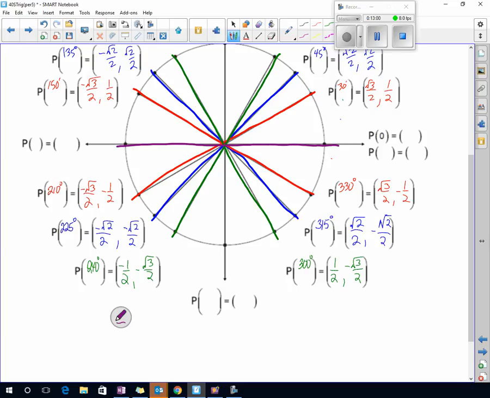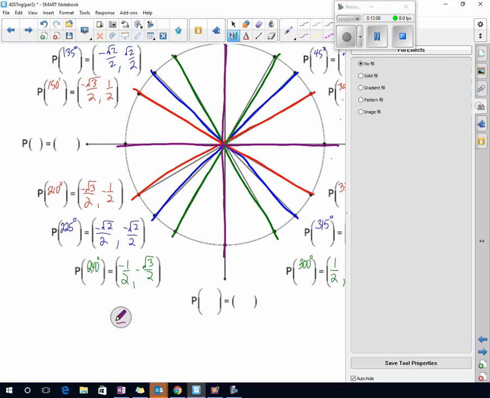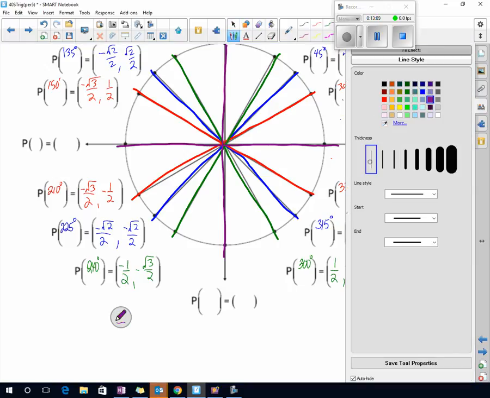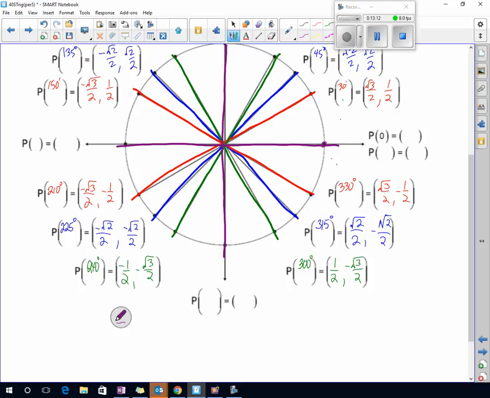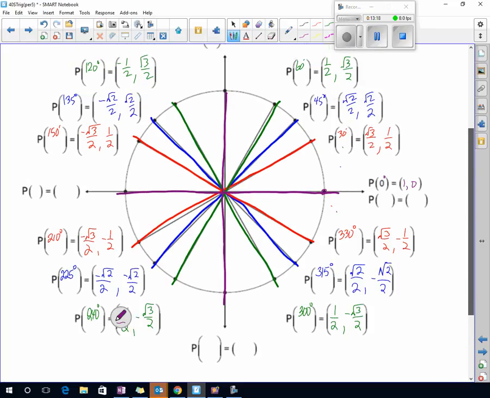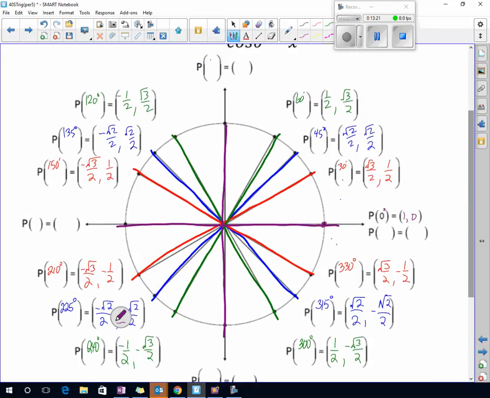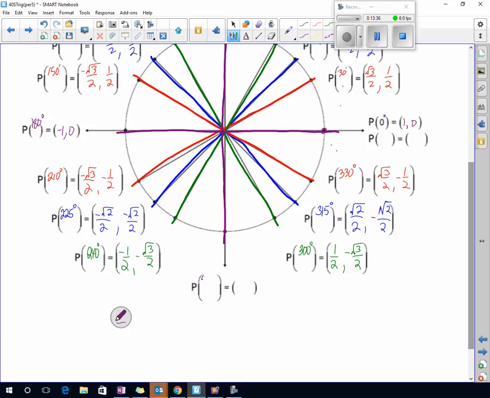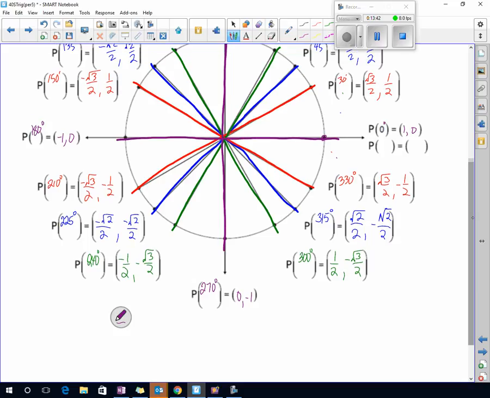What's that coordinate right there? And that's at 0 degrees, yes? Okay.